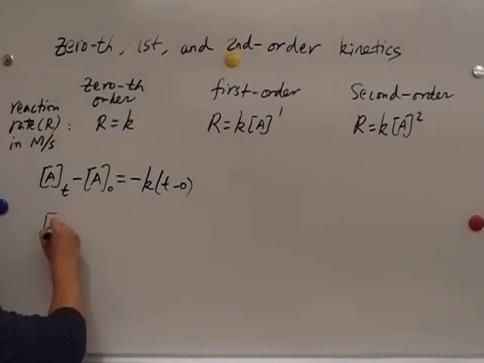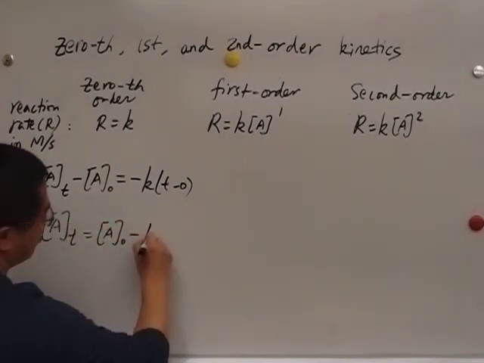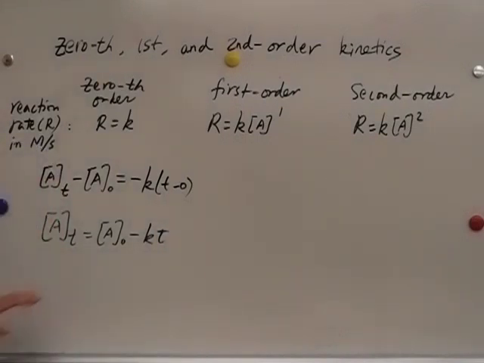And then we slightly simplify the equation. Now we know how the concentration of A changes with time.